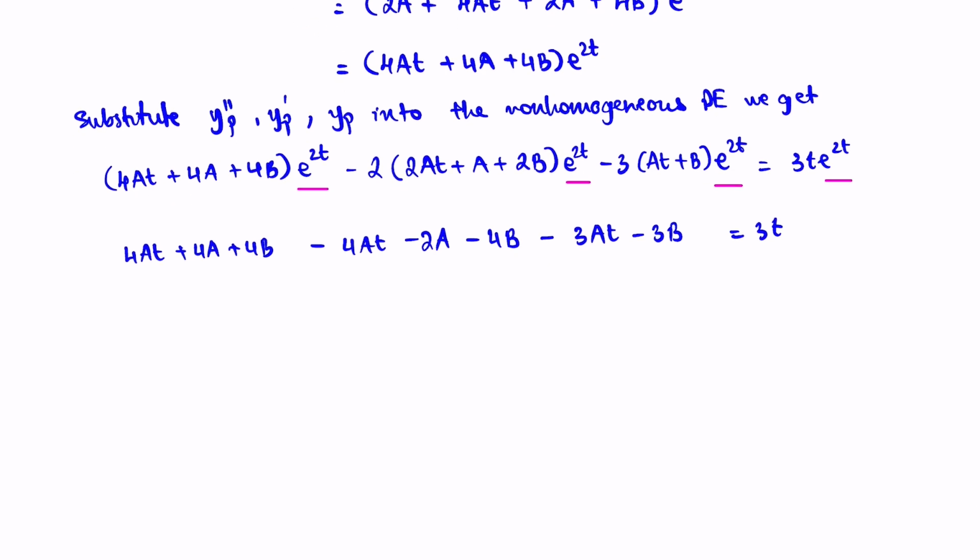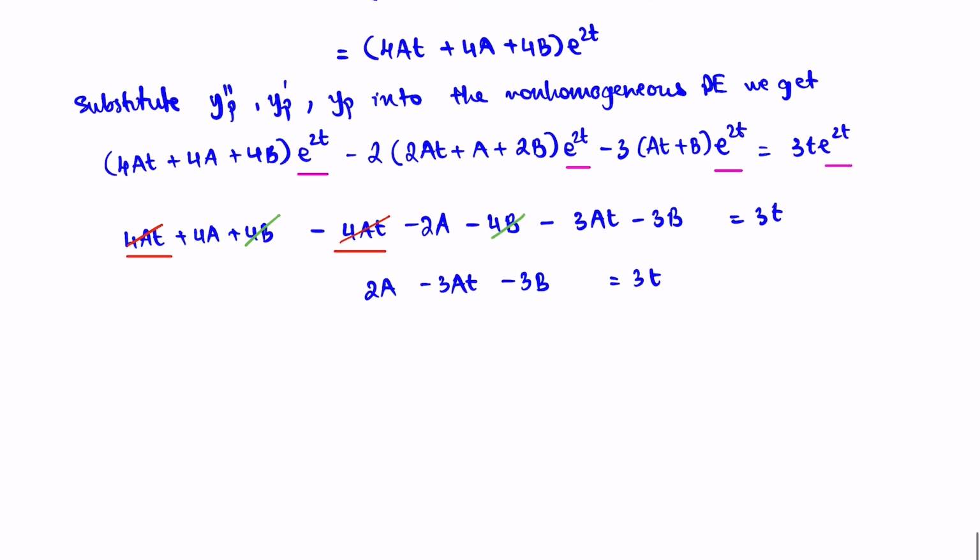Now we're going to simplify the left hand side a little bit. You get 4at, negative 4at, so they cancel out. You have 4a minus 2a, you get 2a. 4b minus 4b cancel out. Minus 3at and then minus 3b. This is equal to 3t.